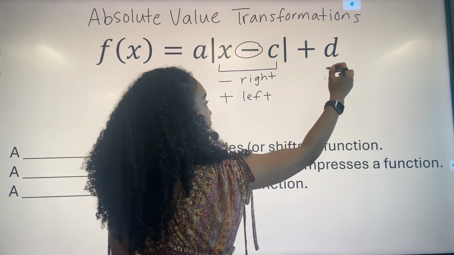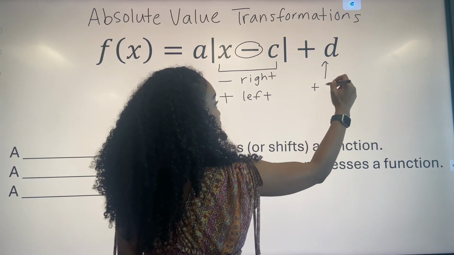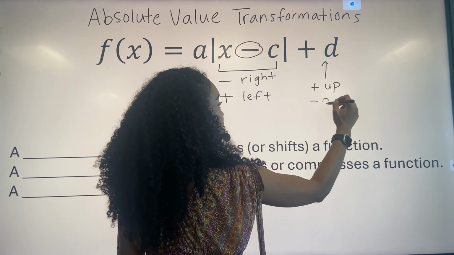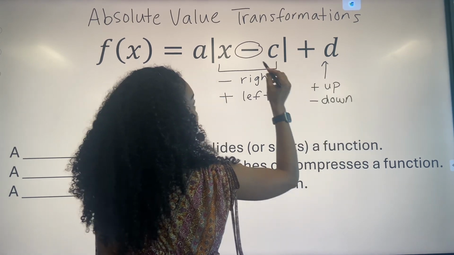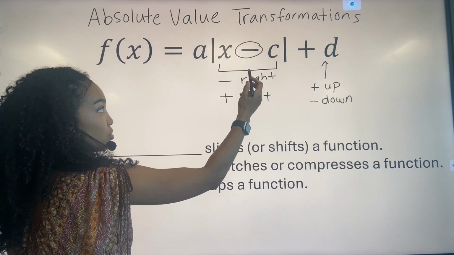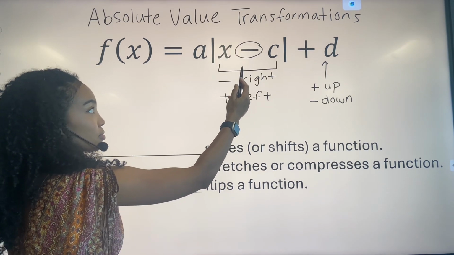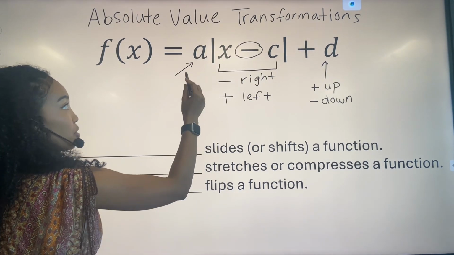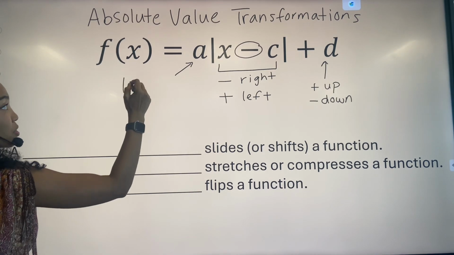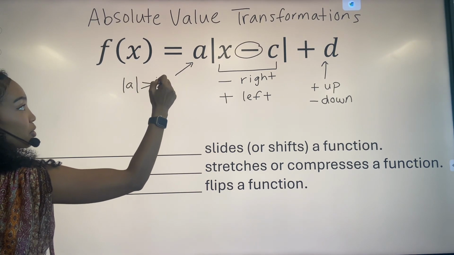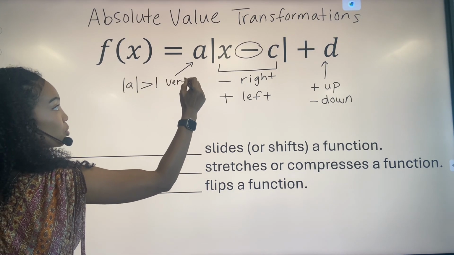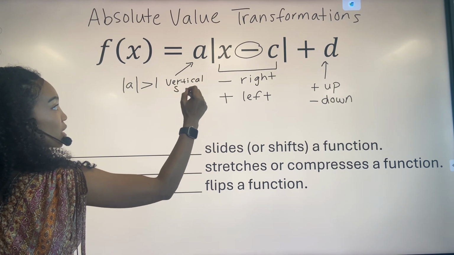On the outside, if you have a plus, it'll go up, and if you have a minus, it will go down. So on the inside, it's a little bit opposite of what you would think. This A value in the front, if the absolute value of A is greater than 1, it'll be a vertical stretch.